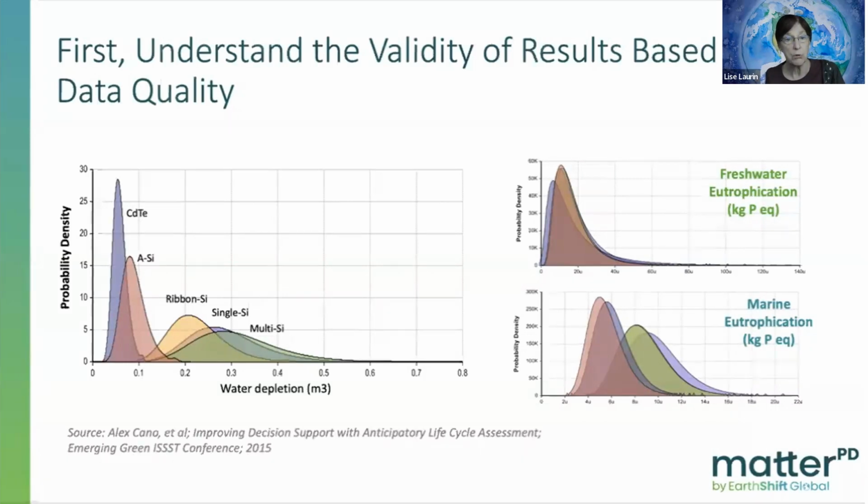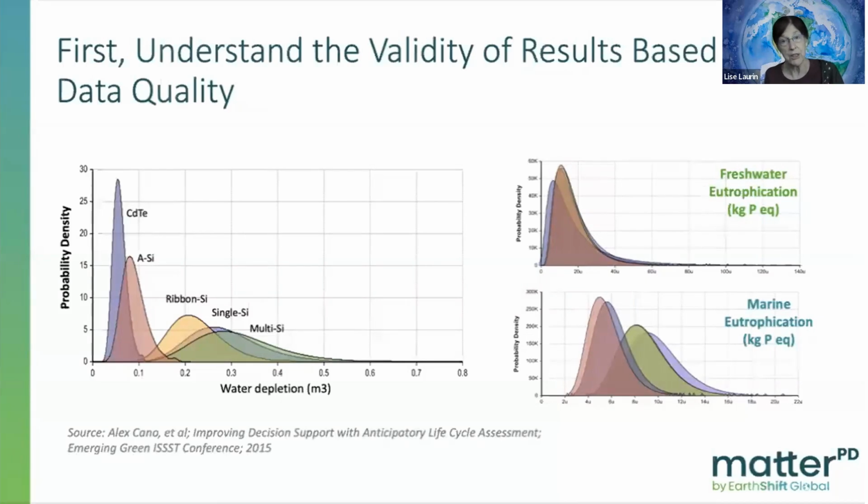Whereas if I'm looking at CAD-TEL versus multi-crystal silicon, yes, absolutely, I want to use water depletion. If I look at freshwater eutrophication, all 5 of these choices are basically indistinguishable. So let's not make a decision based on a single point, if you will, in freshwater eutrophication.